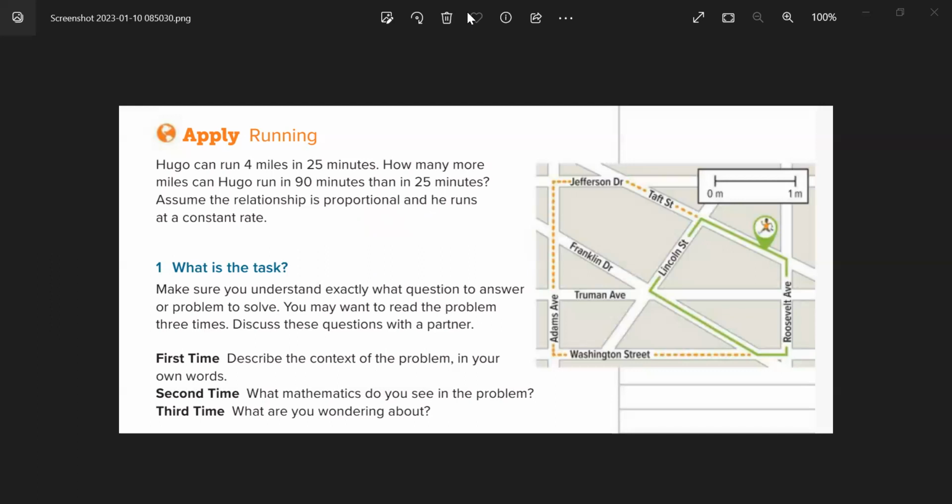So we need to divide the 4 miles by the 25 minutes to find out how much he would run each minute. We need to find the unit rate or the constant of proportionality, which is the same thing. So when we divide 4 by 25, we find out that every minute he runs 0.16 miles.